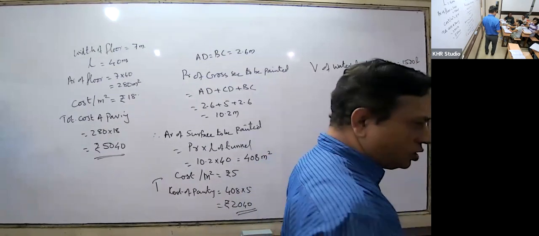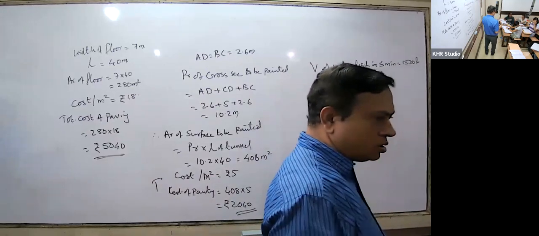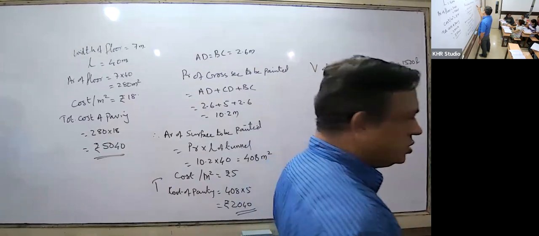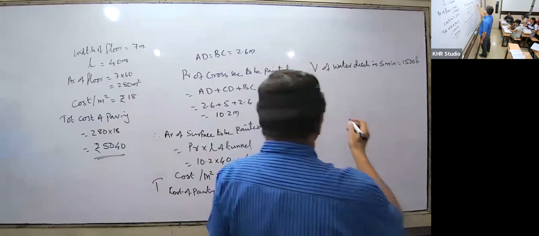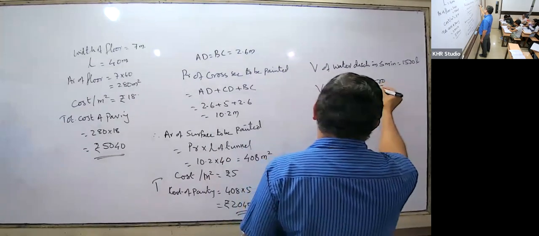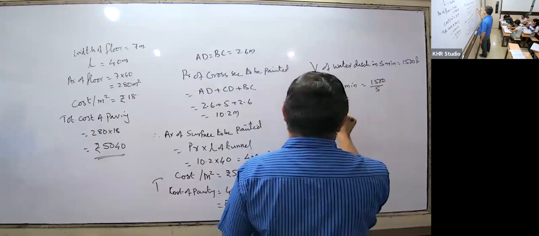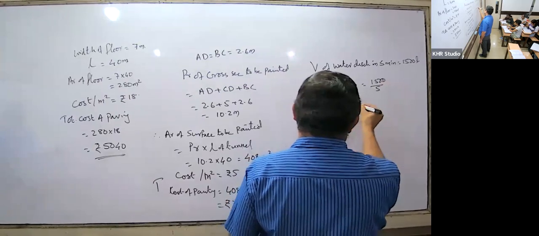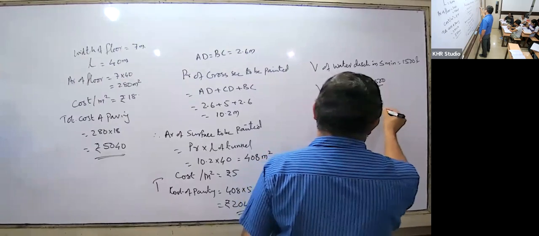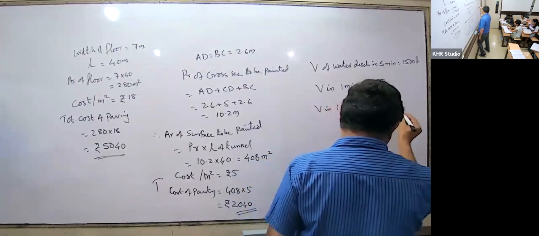1500 liters, no? Therefore, 1,500. Volume in 1 minute is equal to 1500 divided by 5. Volume in 1 second is equal to 1500 divided by 5 into 60. That much liters.